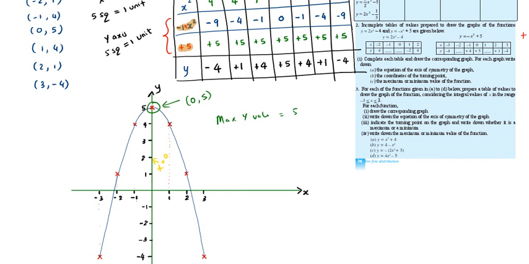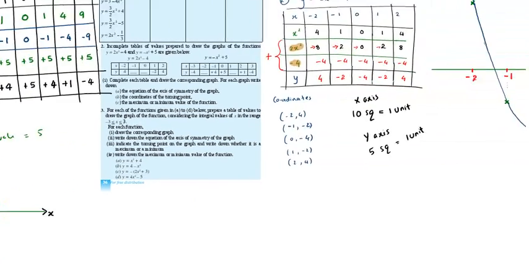Each page should have only one graph, and each single rule side has only one table, and below the table you write the questions that I'm giving. I gave you 4 questions, so those 4 questions should be there for all of these graphs. Even in this one, I think I drew another one over here, this is 2x square minus 4. All those questions should be written and done properly.